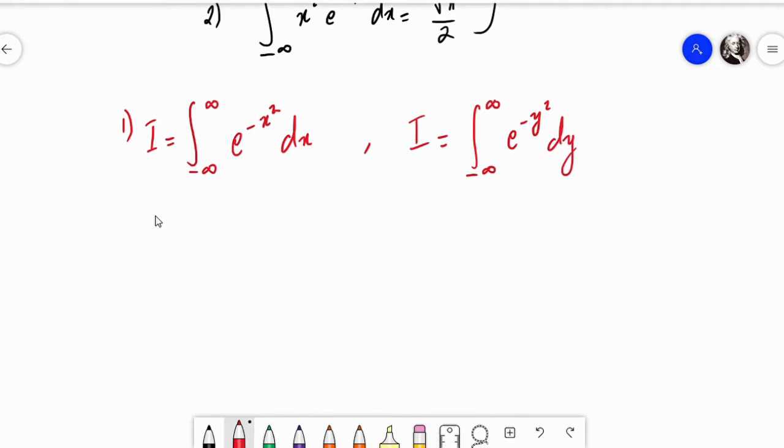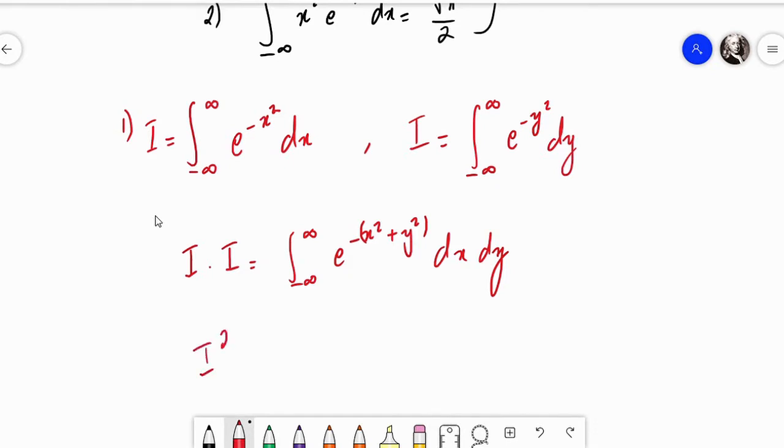So let us multiply these two. I times I is simply the double integral of e to the minus x squared plus y squared dx dy. What we have basically done here is change the one-dimensional problem to a two-dimensional problem.